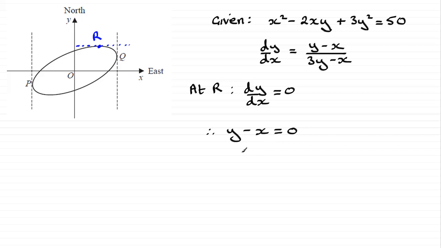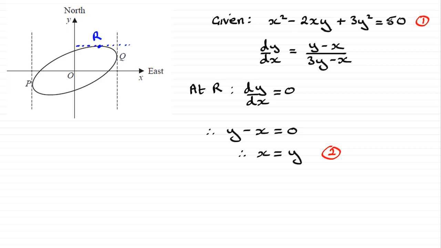Rearrange this, make x the subject, you'd have x equals y. And what I would want to do then is take the equation of the curve, which I'll call 1, and y minus x equaling 0, when it's rearranged x equals y, we'll call it 2. Substitute for x into here, solve simultaneously.